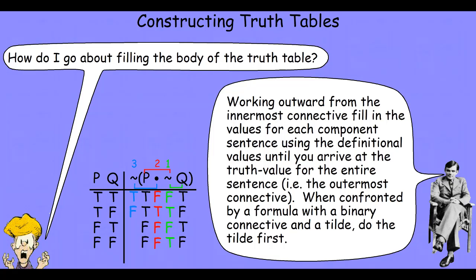False, true, true, false, false, true, false, true. This is the last connective that we do. It's referred to as the main connective. It gives us the truth value for this whole formula, every different way the world could be. In our next module, we'll do some more examples of this.